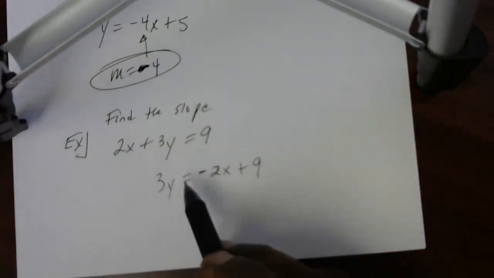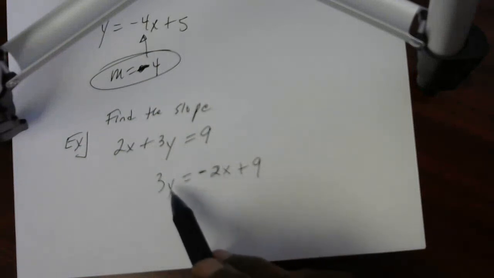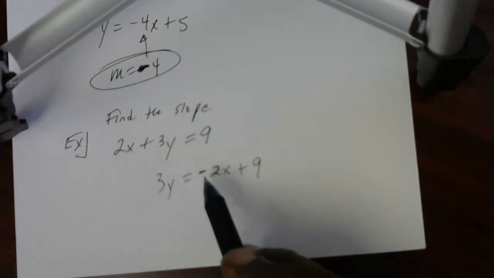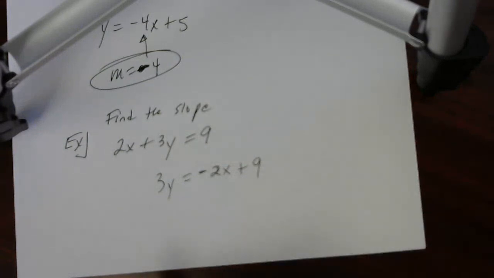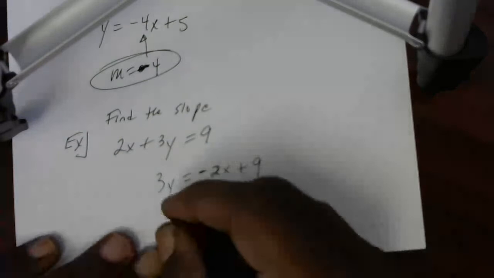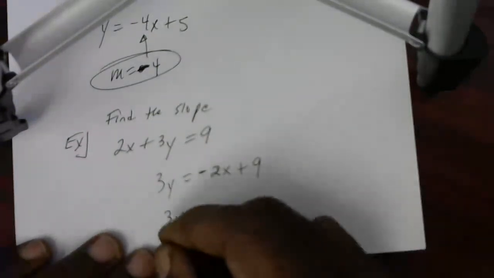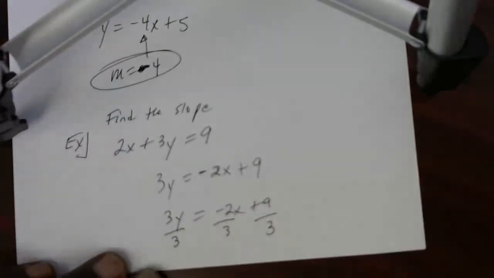Now I want to solve for y, not for 3y. So the opposite of multiplying y by 3 is to divide by 3. So I'm going to divide every term by 3. I'm going to put this extra step in. All right, so everything gets divided by 3.